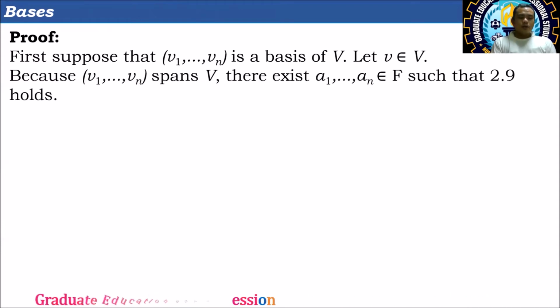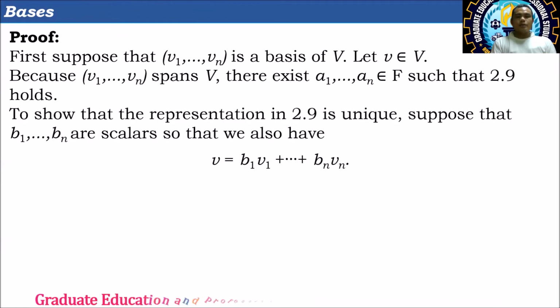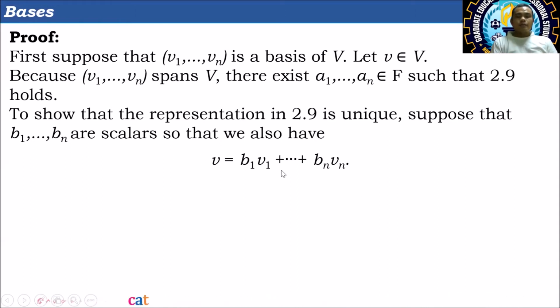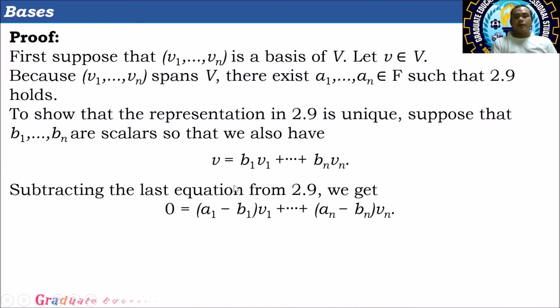So, to show that the representation in 2.9 is unique, suppose that b1, ..., bn are scalars so that we also have this second representation. Subtracting the last equation, we get (a1 - b1)v1 + ... + (an - bn)vn = 0.